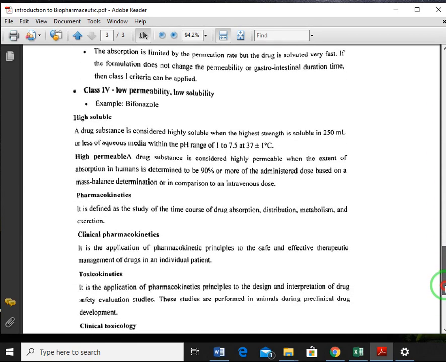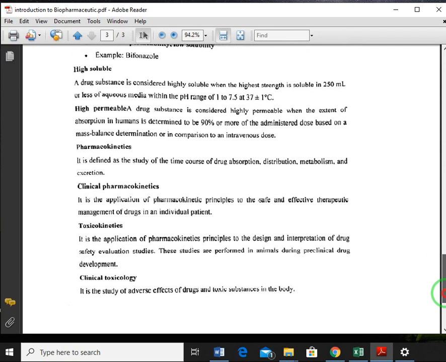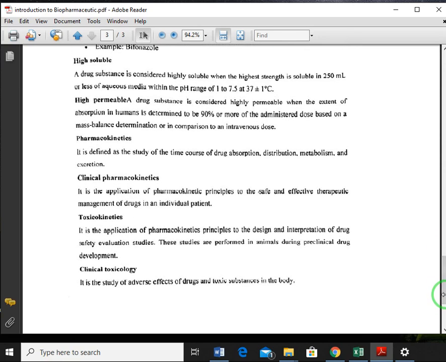Okay. It is very important to know what is highly soluble. Highly soluble according to the criteria: a drug substance is considered highly soluble when the highest strength is soluble in 250 ml or less of aqueous medium within the pH range of 1 to 7.5 at 37 degrees centigrade.